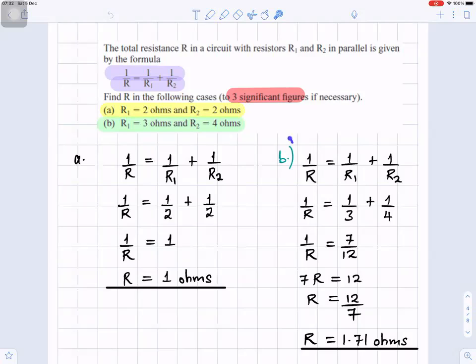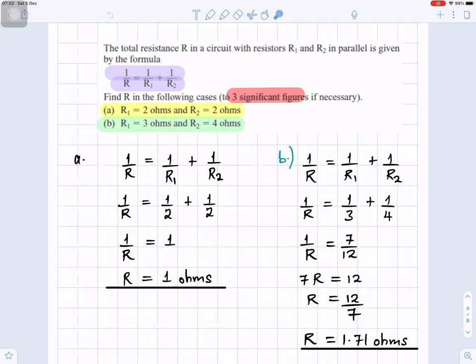And for part B, you write down the formula first and you sub in the numbers. R1 is 3, R2 is 4. So 1 over R equals 1 over 3 plus 1 over 4.